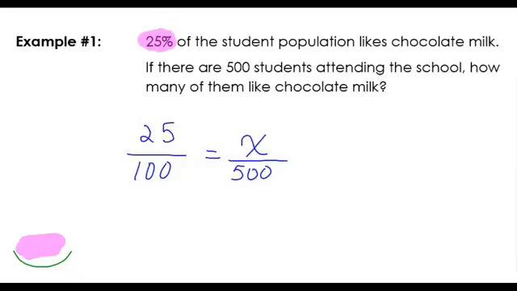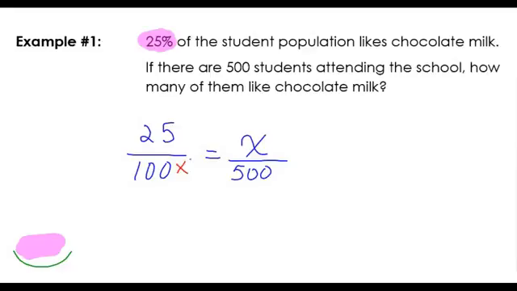So, again, I thought that I would show you this example to demonstrate how sometimes instead of using algebra or cross-multiplying to solve, it can actually be quicker to use some mental math or to think about these two halves of the proportion as being equivalent fractions. So I would say, okay, well, what did I need to do to the 100 to get 500?